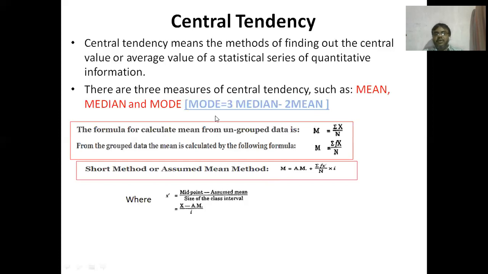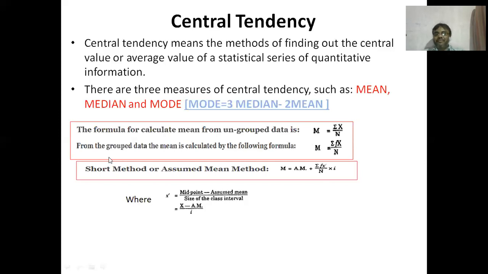When we have to compute the mean for a set of observations, we can compute it based upon ungrouped as well as grouped data. For example, the formula for the mean of ungrouped data is mean equal to summation of x, meaning the summation of all the observations divided by the total number of observations.